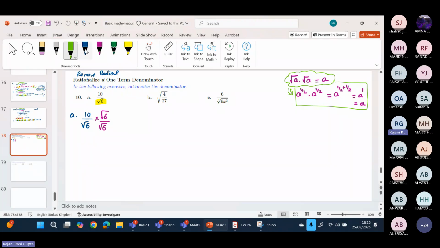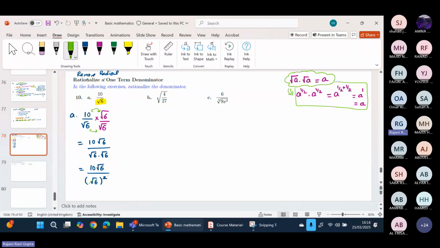So anyways, if you move forward here, when you multiply the numerator, you multiply these two terms together, these two terms together. This gives you 10 root 6, and here root 6 times root 6 gives you root 6 power 2.